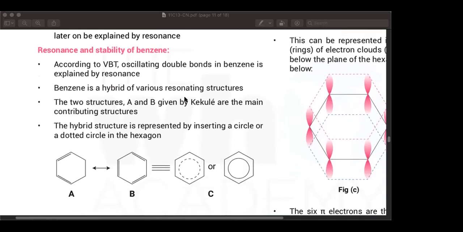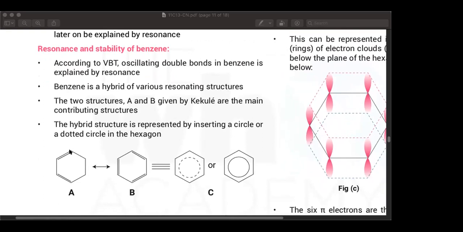Okay, so resonance and stability. Because benzene has two resonance structures, and because of this delocalization of electrons, benzene gets extra stability, making it not behave like an alkene. It's not easy to break these double bonds because they are not simply double bonds; they're involved in keeping the whole structure together.